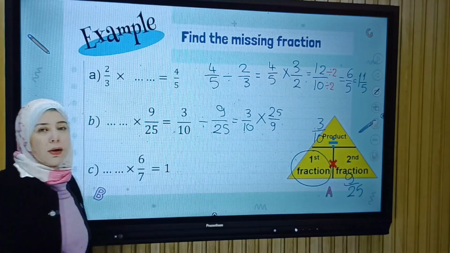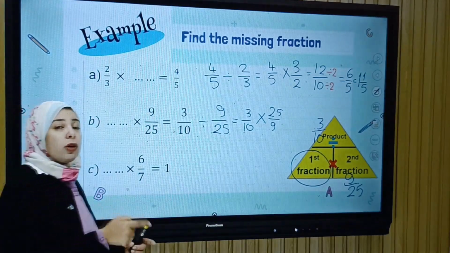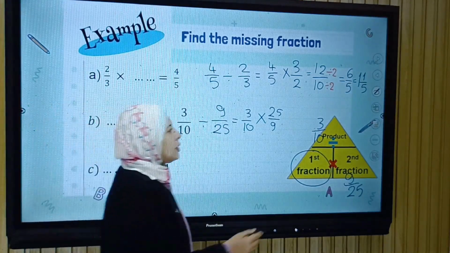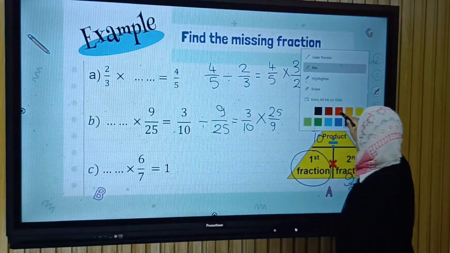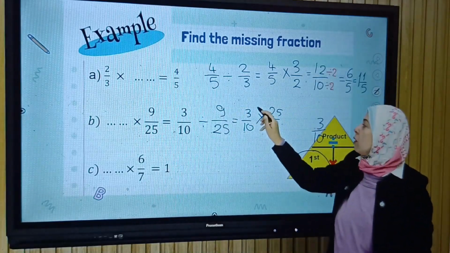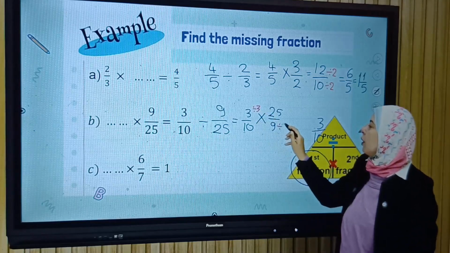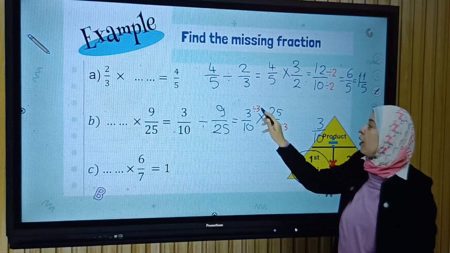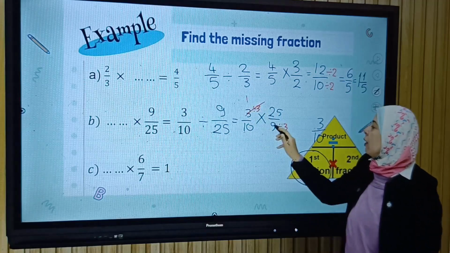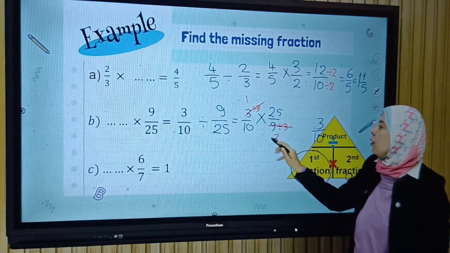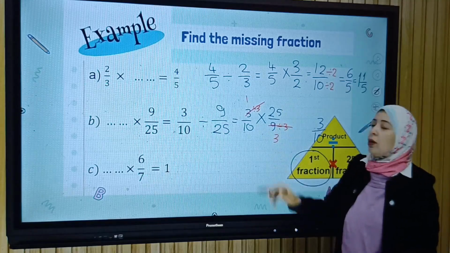Can we simplify this before we get the product? Of course. Let's see how to do it. I divide by 3 here, and also by 3 here. So 3 divided by 3 equals 1, and 9 divided by 3 equals 3. Can I simplify 10 with 25?